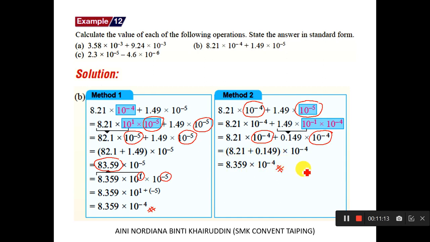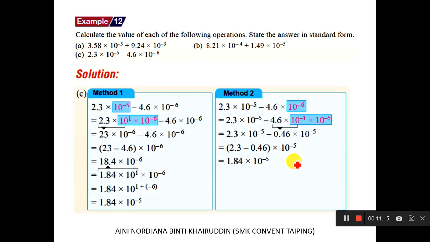Okay, so next question C. So the first method, we want it to become 10 to the power of negative 6. So we do something here. So 10 to the power of 1. So 1 plus negative 6 equals negative 5.